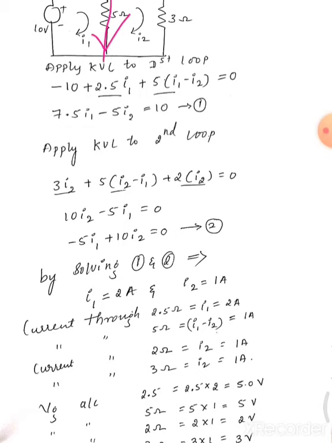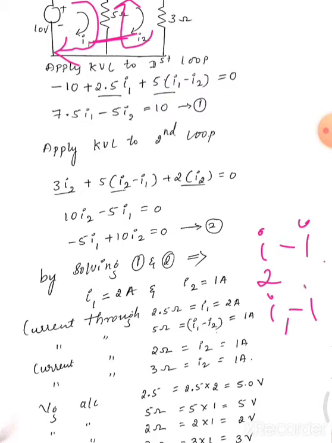What we can do is the current through 5 ohm, which is equal to, right? Observe the direction. The first loop is coming like this and the second loop is going like this. So these two currents are opposite in direction through 5 ohm. You can take I2 minus I1 or I1 minus I2, both are the same for us.